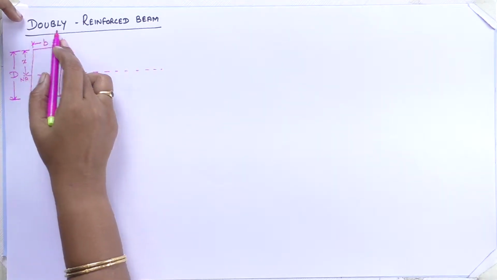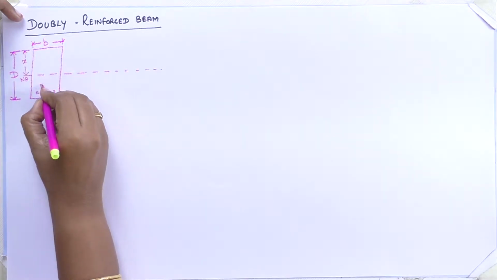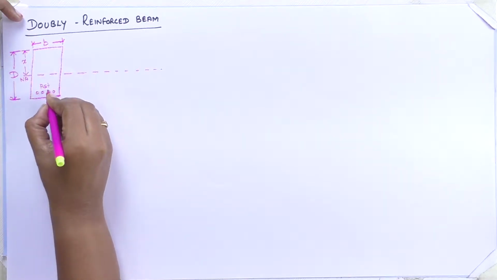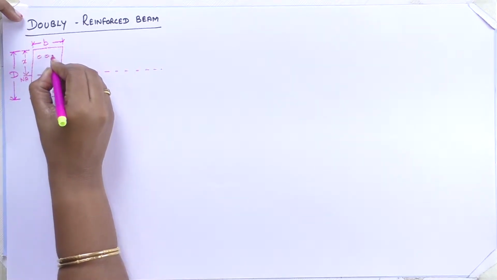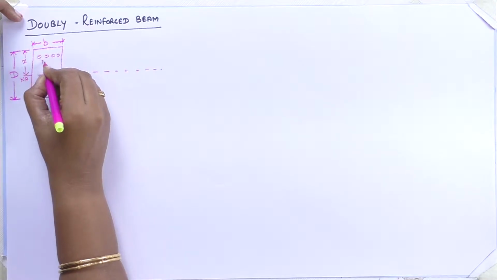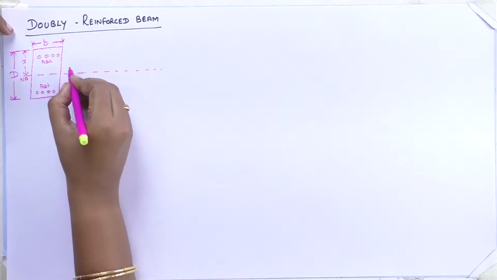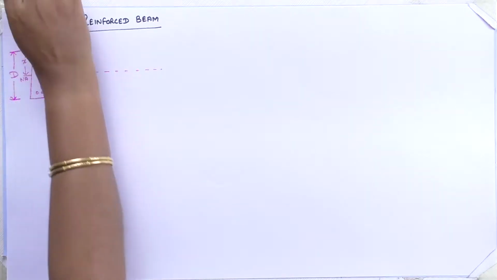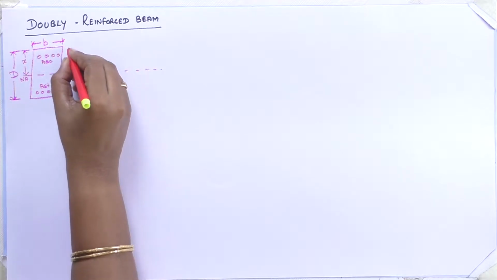As the name itself says, doubly reinforced, we are providing steel at the bottom as AST, area of steel in the tensile zone, whereas we are providing steel at the top, that is ASC, area of steel in the compression region. Up to the centroidal distance, the effective depth will be small d.